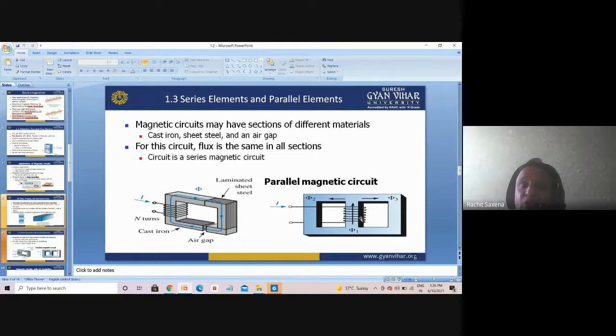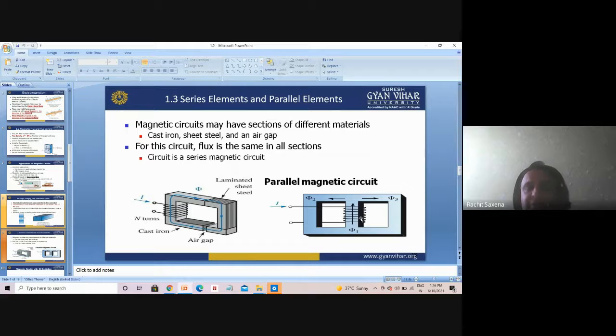In a parallel electrical circuit, current changes, but voltage remains the same. Current divides, but voltage remains the same; in a series circuit, voltage is divided, but current remains the same. So these two things are there in the electrical and magnetic circuit.